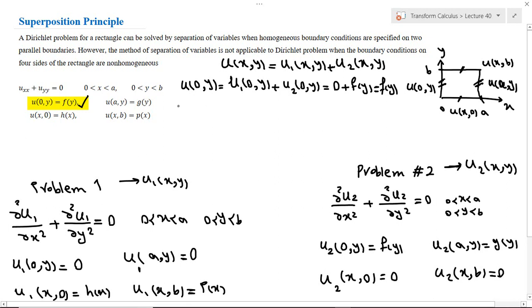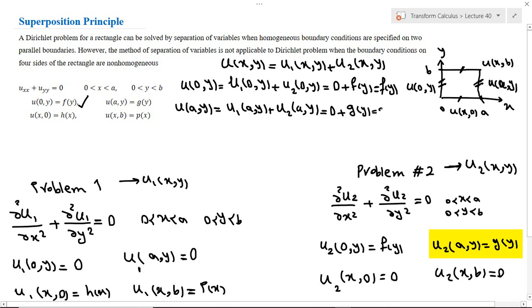Let's go through the other boundary conditions. We have u of a and y, equal to u1 of a and y plus u2 of a and y. u1 of a and y, you can see here, is equal to 0. u2 of a and y, you can see here, is g of y. So the summation is equal to g of y, and this boundary condition is satisfied.